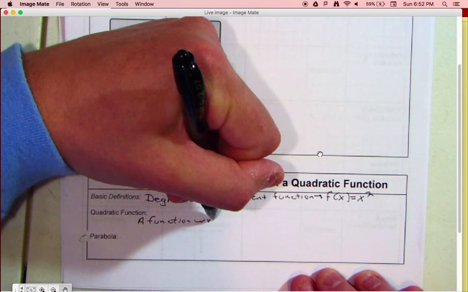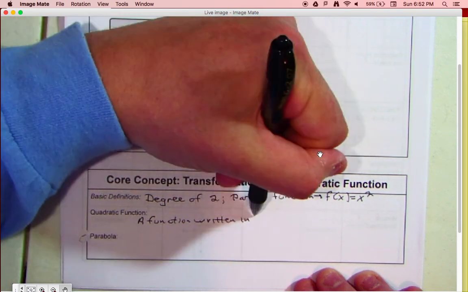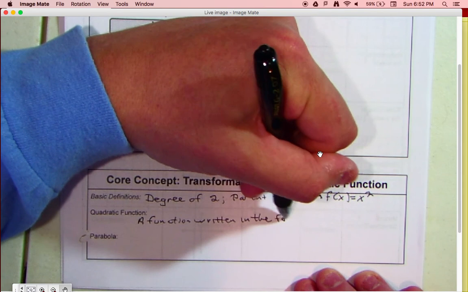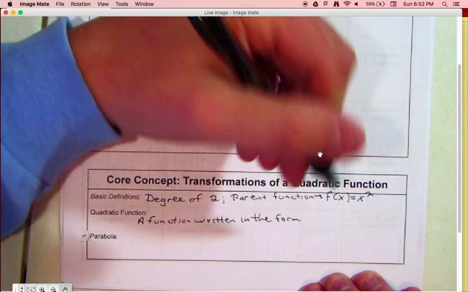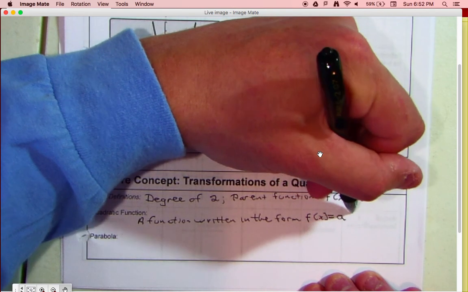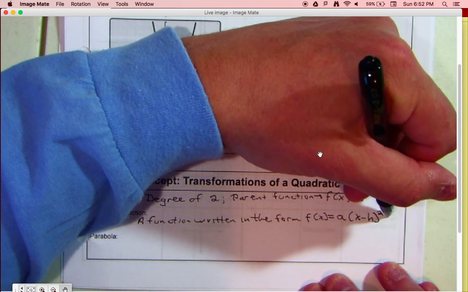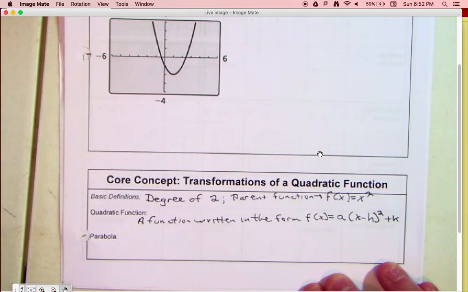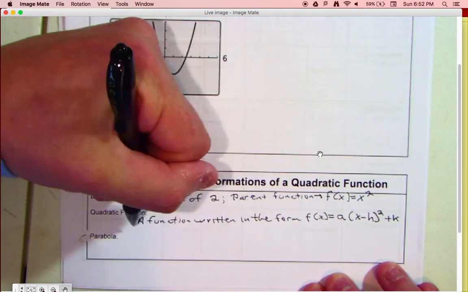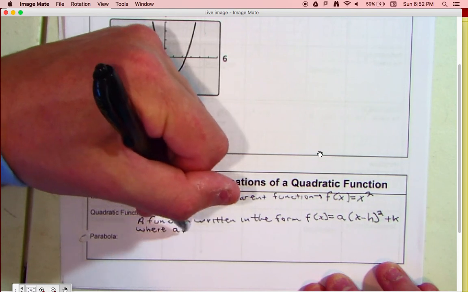It's basically a function that can be written in the form f of x equals a times the quantity x minus h, squared, plus k, where a cannot equal 0.